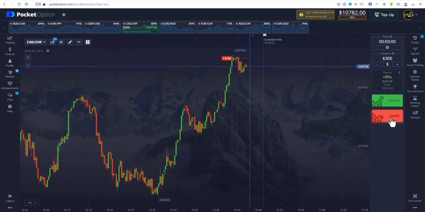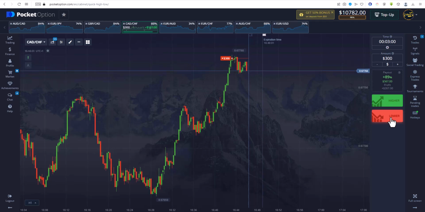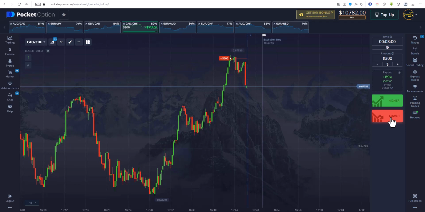I guess that our second trade will turn out to be profitable. I believe. Because our account amount must close the 11K mark.